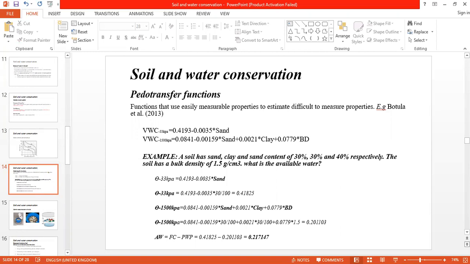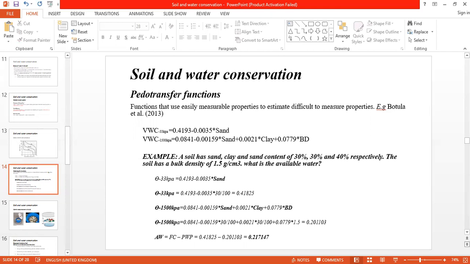For example, Zambia Sugar can do it because they have the capacity. But if it's a normal, small farmer, it's difficult. Usually these farmers have measurements maybe for soil texture.